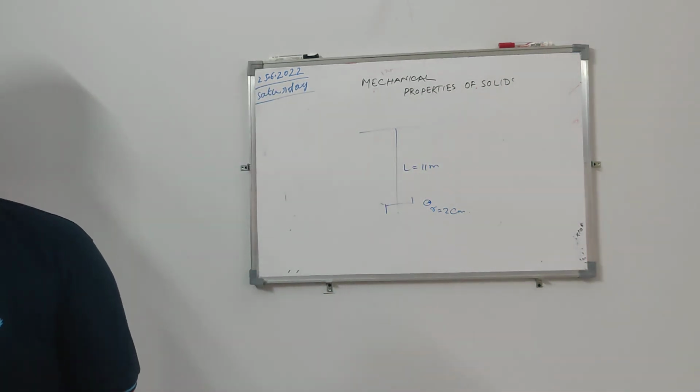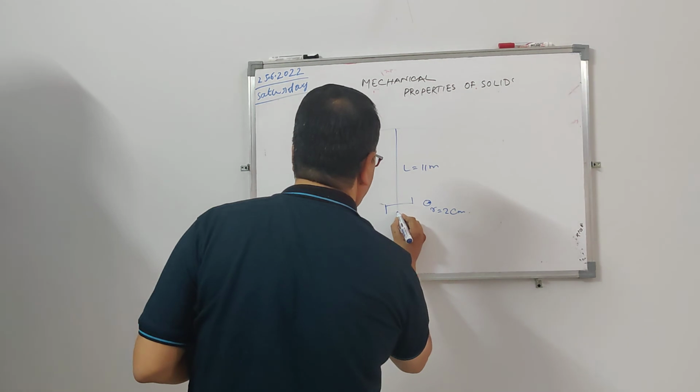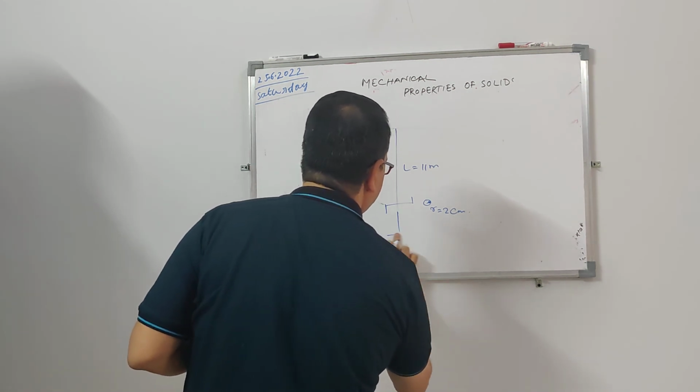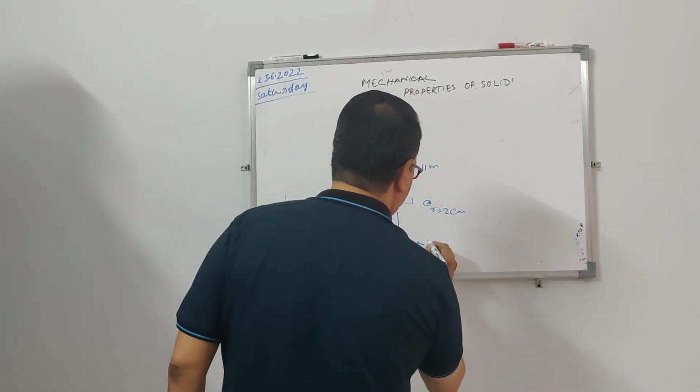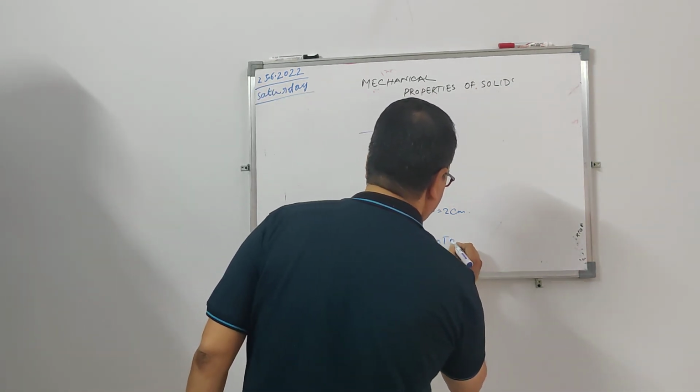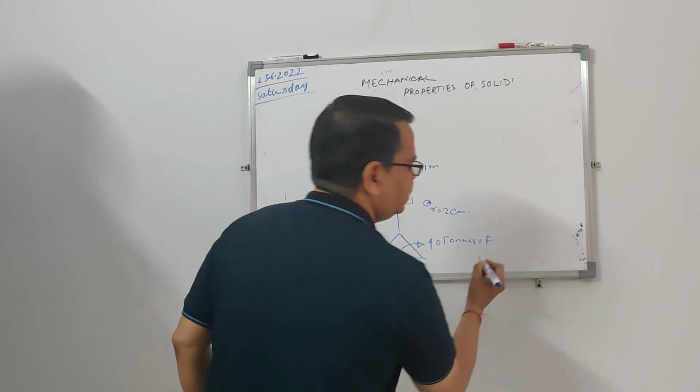This is R, and the cable is employed to lift a block of concrete mass of 40 tons. So I am putting a mass of, let us say, 40 tons. This is the force that is being applied.